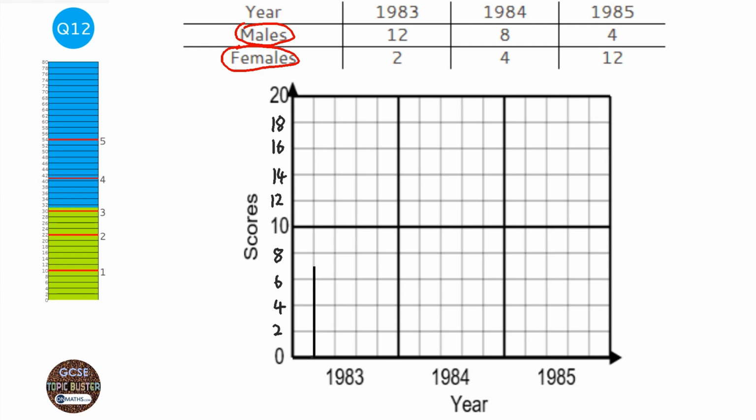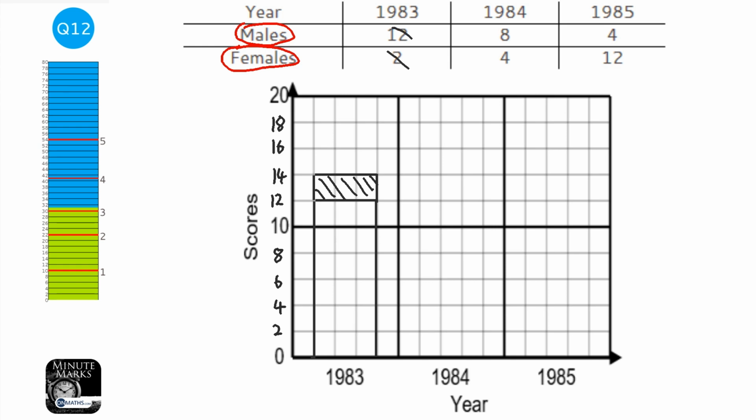So let's try and line this up. So they go up to 12 in 1983. And the females go up 2. So I'm going to add another 2 on, which is 1 square. And then I'm going to shade that 1 extra 1 in. And it's that simple. So we're going to do that, and I'm going to cross those out because I've done those.